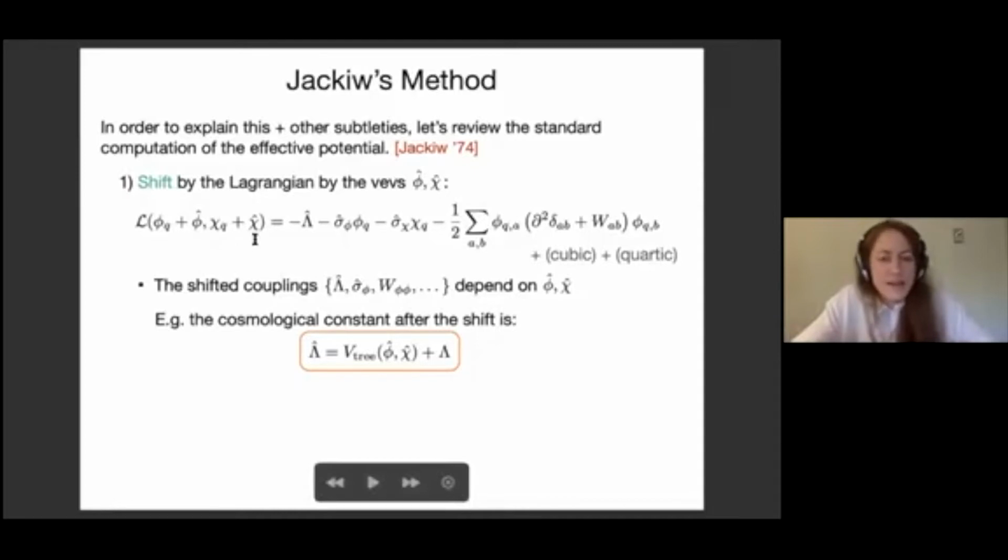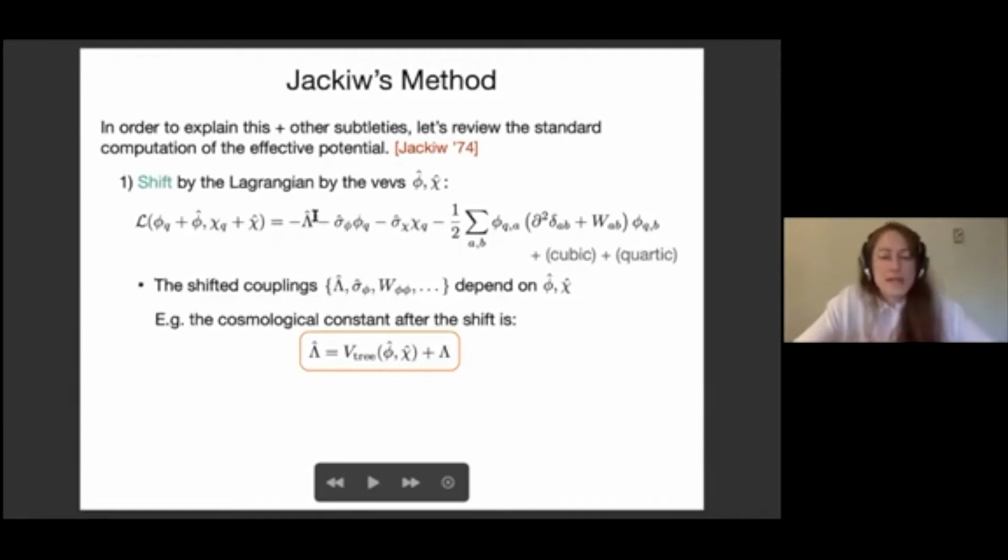So phi hat and chi hat are these classical background fields. After the shift, I can reorganize the Lagrangian in powers of phi quantum and chi quantum. Here I'm going to call the couplings in this shifted Lagrangian, which depend on these background fields, hatted couplings.